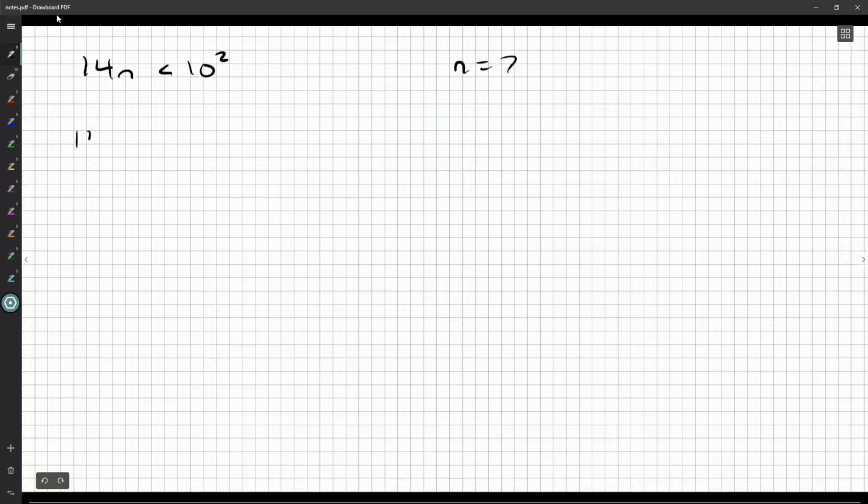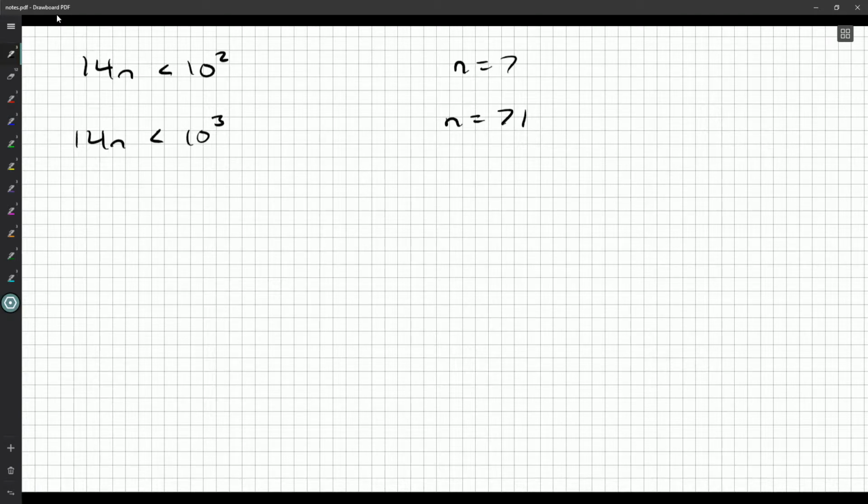Okay, not particularly interesting, but what if we did 1,000? I'll take 1,000, and we still need to be less than that, so divide by 14, round down. Now I'm noticing I get 71.4287. It's kind of interesting.